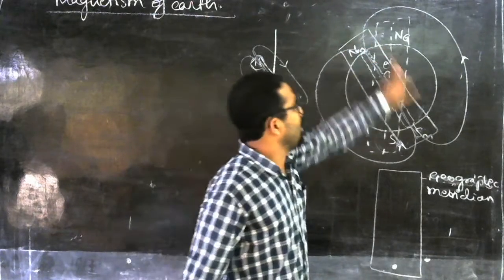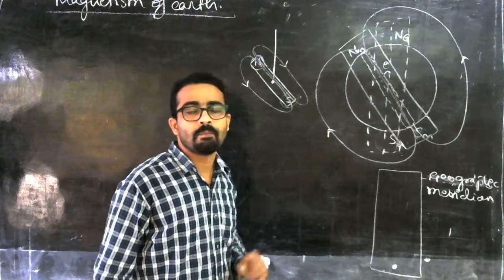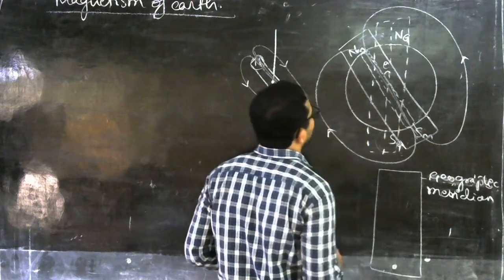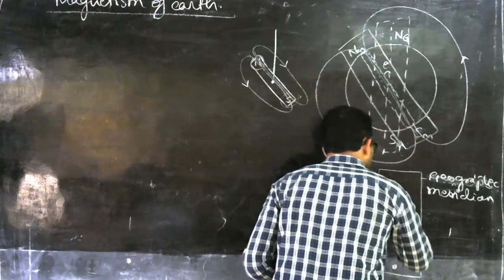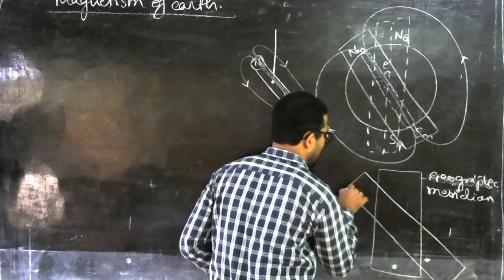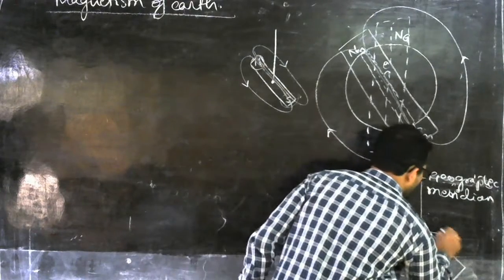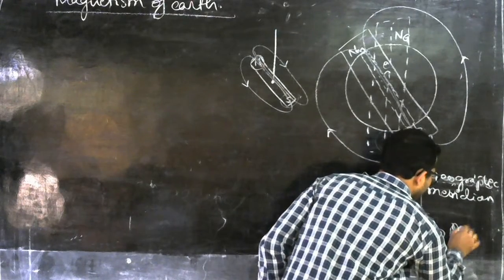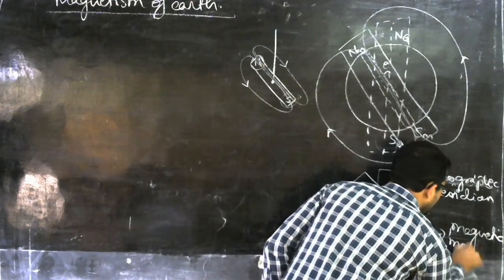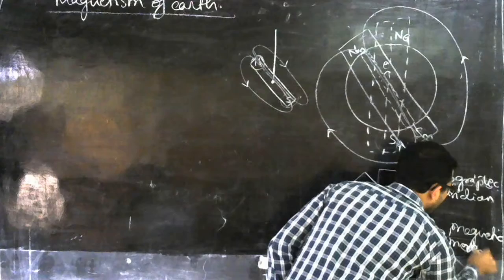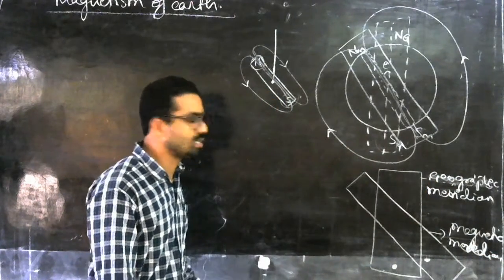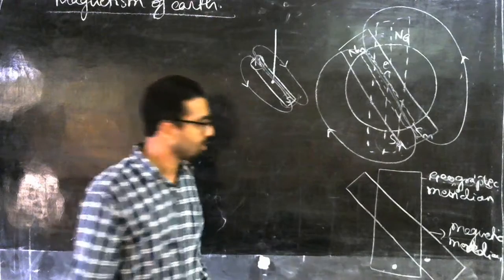That plane is known as a magnetic meridian. So this is the geographic meridian, another one is the magnetic meridian.